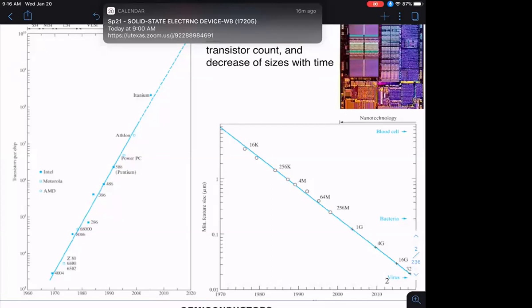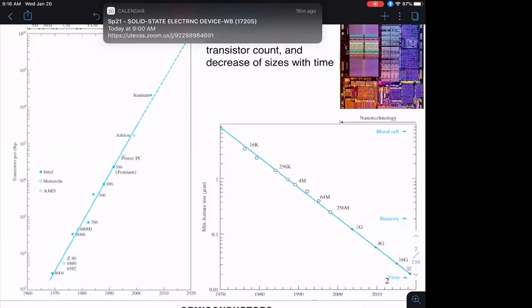Anyway, so the IC invention was a few years before 1960. And then pretty soon, the IC technology took off, and Gordon Moore noticed that every year the chips are getting more and more complex in the sense of the number of transistors that industry was putting on the chips.